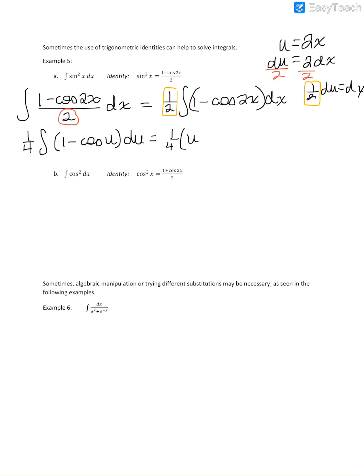Integral of 1 is u. Integral of cosine is sine. And then the last thing I'm going to do is plug back in my u. If I want to distribute in the 1/4, I would get 1/2.